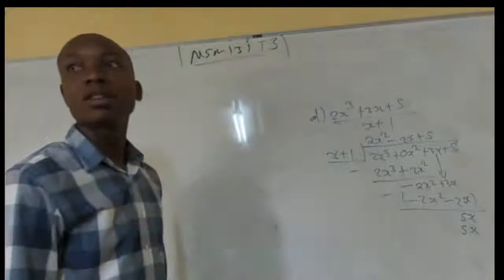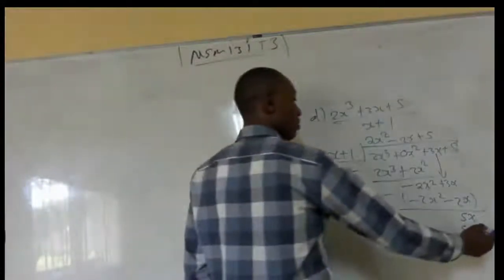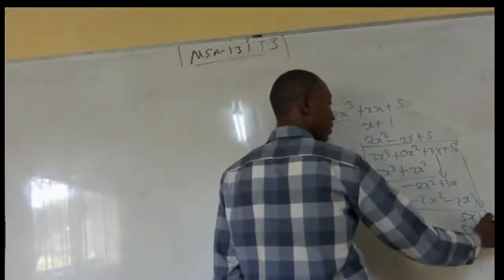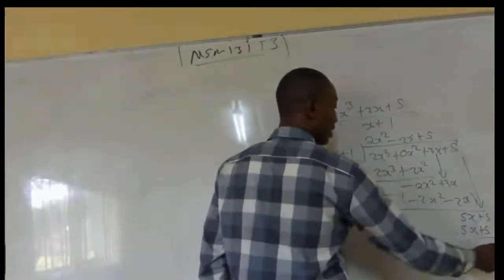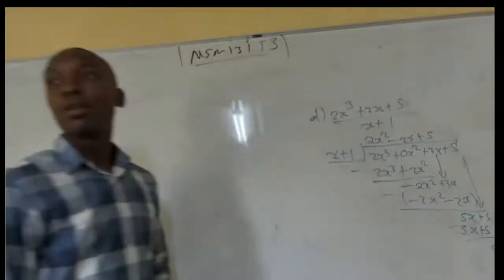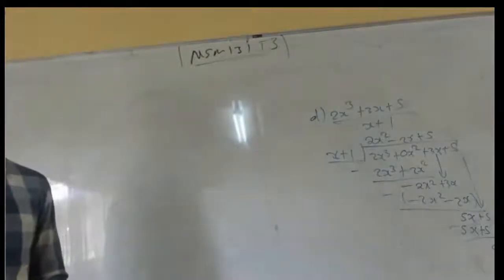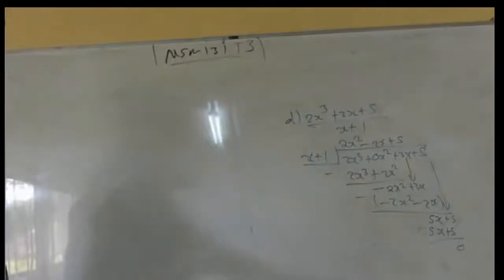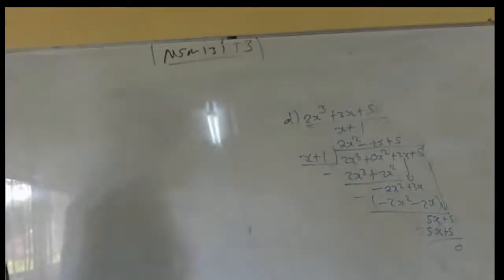There you have 5x. Then plus 5. Then bring down the 5. Then the answer ends up 0. Okay? So your answer ends up becoming 0. So that is that.